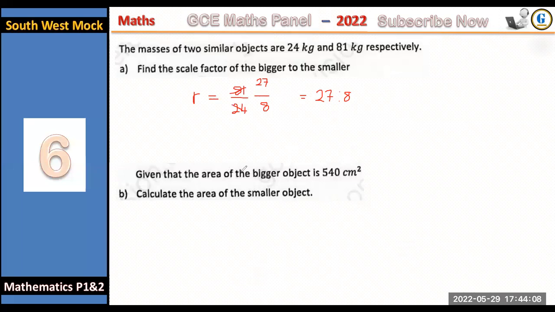Now, given that the area of the bigger one is 540 centimeters square, calculate the area of the smaller one. So we are going to use this scale factor, right?